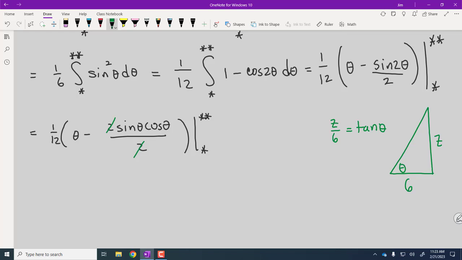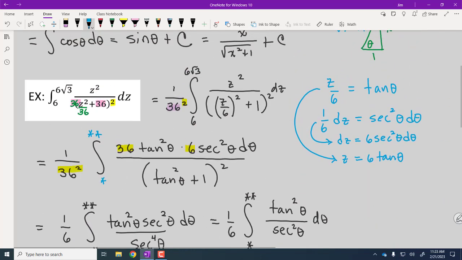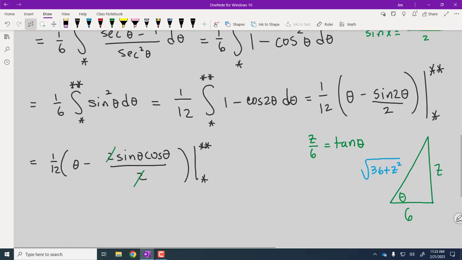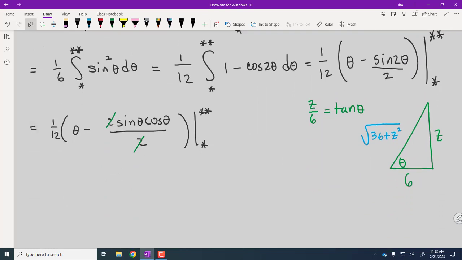Then we just have to figure out the hypotenuse. So the hypotenuse is the square root of 36 plus z squared. And that should match something up in here, z squared plus 36, whatever order you write it in, obviously doesn't matter with addition.